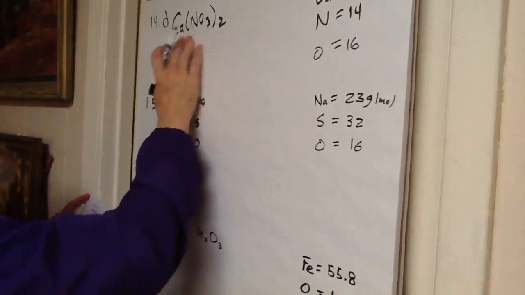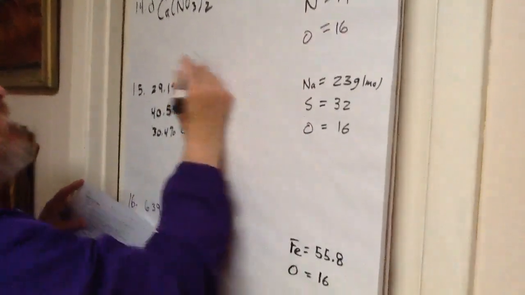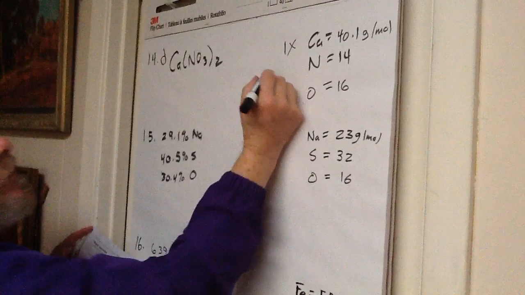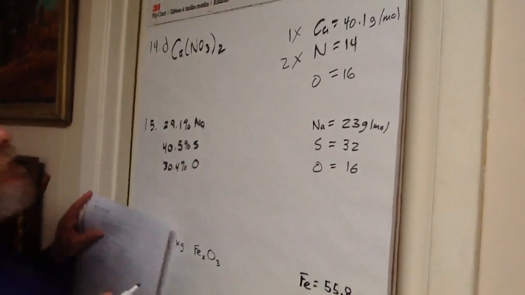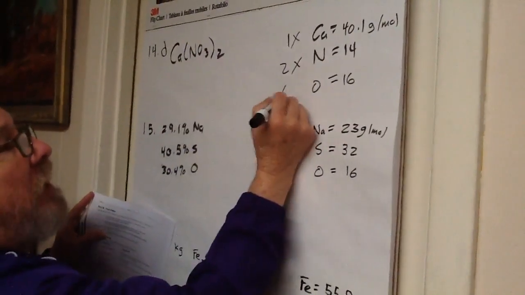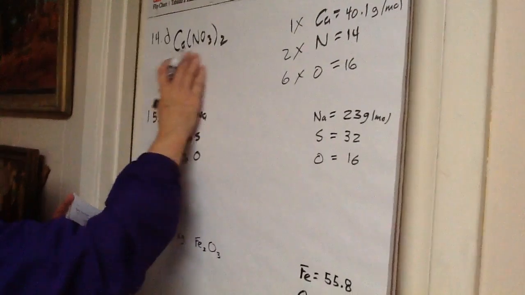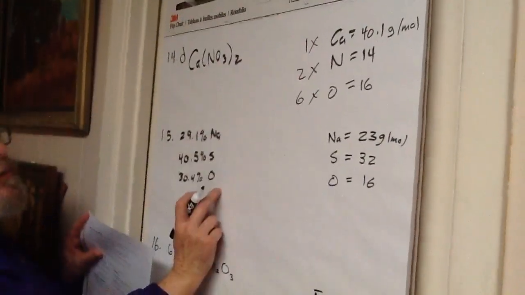In this particular compound, there's 1 calcium. There are 2 nitrogens because I have 2 of these nitrates, and each nitrate has 1 nitrogen in it. And there are going to be 6 oxygens because in this formula, as it's given, calcium nitrate, there are 2 nitrates and each nitrate has 3 oxygens.